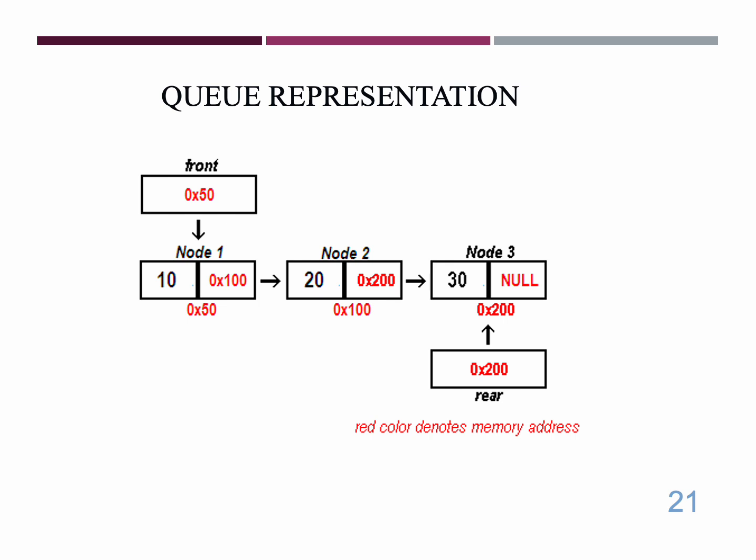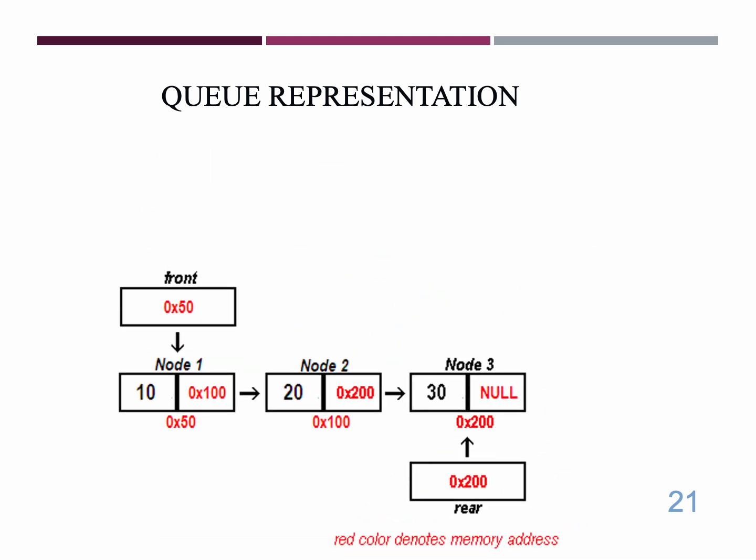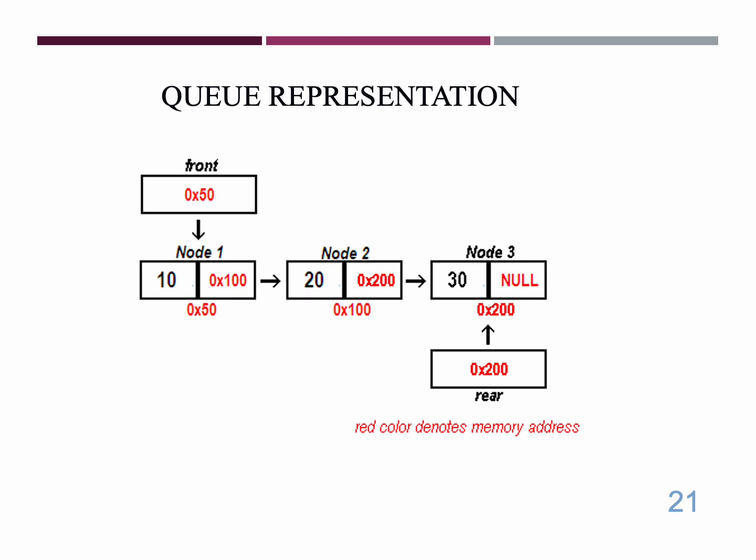The first node contains the value 10 and its pointer points to the address of the next node. The second node contains the value 20 and points to the next node at address 0x200. Then the third node contains the value 30, and since it's the last node, it points to null, indicating the end of the queue. So the front pointer points to the first node at 0x50, and the rear pointer points to the last node at 0x200, allowing us to efficiently add to the rear and remove from the front.